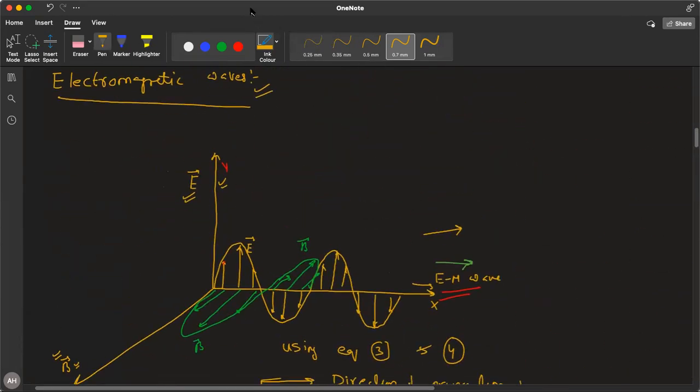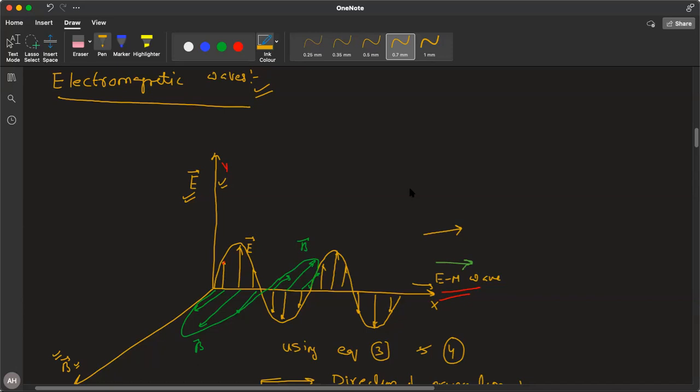So those who were absent in the last class, Amalia, Ahmed, Sania, is it clear what is electromagnetic wave? Yes, sir. So Amalia, can you just brief what is electromagnetic wave? Electromagnetic waves do not require any medium, but can travel through vacuum.